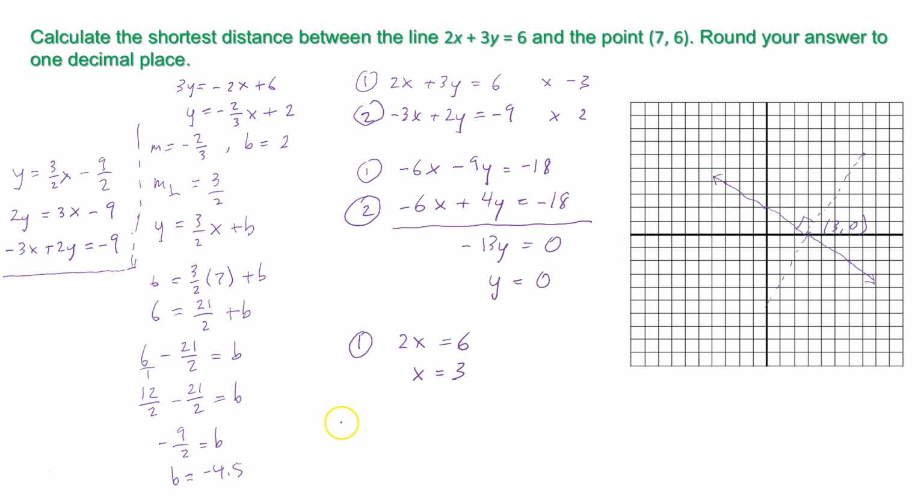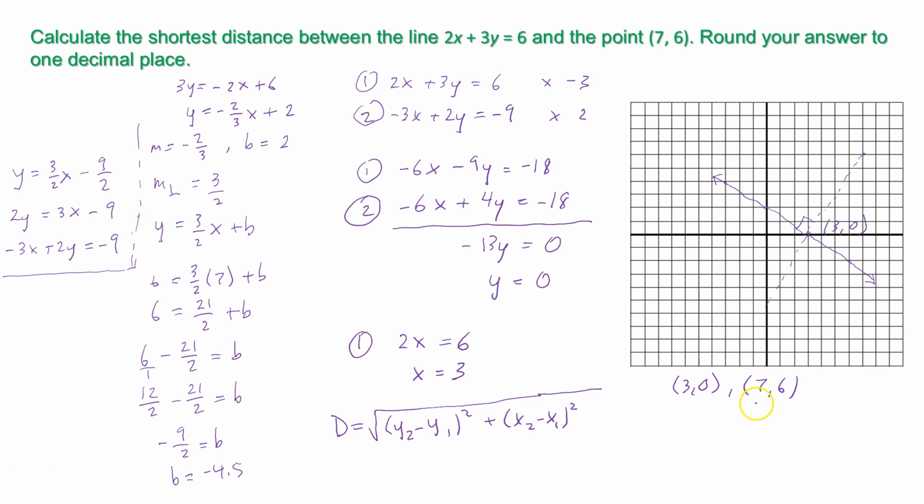In order to find the distance between these 2 points, I'm going to use the distance formula. The distance formula is y2 minus y1 squared plus x2 minus x1 squared. The 2 points I have are 3 and 0 and 7 and 6.